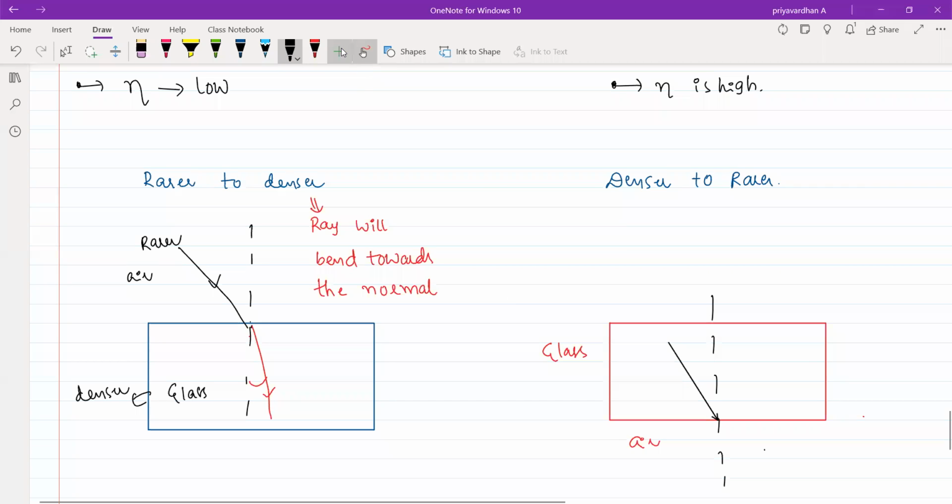Now, whenever it is passing from a denser medium to a rarer medium, air is a rarer medium always, so how will the light bend? Light will bend away from the normal. You can clearly see that this much bending is there. Here I can say the ray will bend away from the normal.